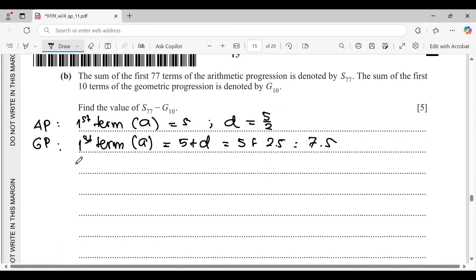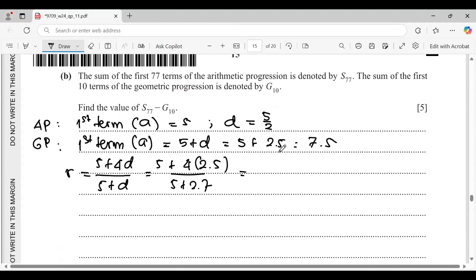While the common ratio, or r, is 5 plus 4d over 5 plus d. So it is 5 plus 4 times 2.5 over 5 plus 2.5. It becomes 10 plus 5, 15, over 7.5. It is 2. The common ratio is 2.